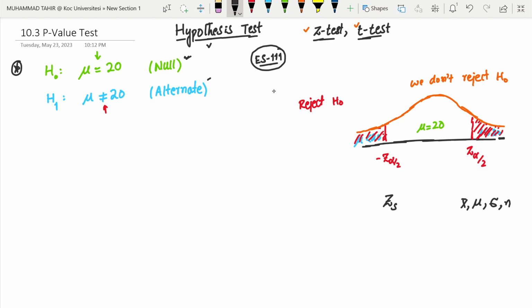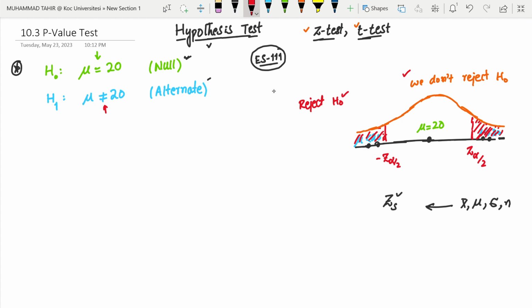With the sample size we can calculate this z. In z test, if z is inside this orange region, the conclusion was we do not reject the null hypothesis. But if our calculated z comes in this critical region, let's say here or here or here, then we decided we will reject H0.